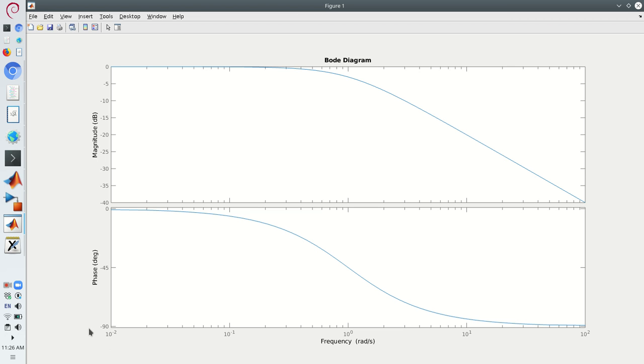Omega equal to 0, when you take the logarithm of 0, of course, it's not defined, so when omega goes to 0 plus, you get minus infinity.